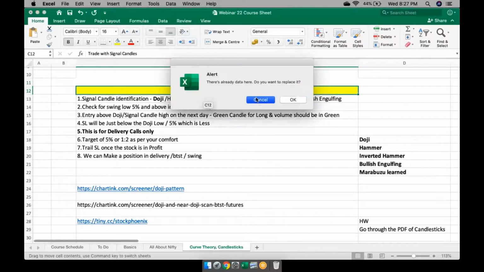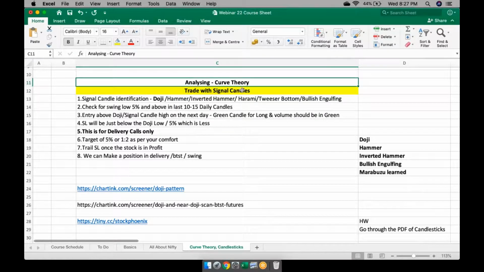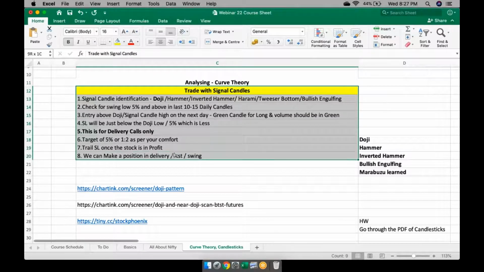First, we have to see the curve theory. If it is in the middle of the curve, all these steps will not happen. I'm repeating. You are seeing a chart, and if you see a doji here, yes, we can consider it for reversal.